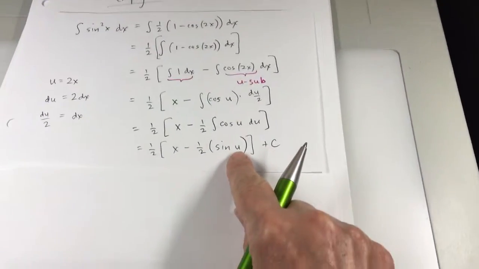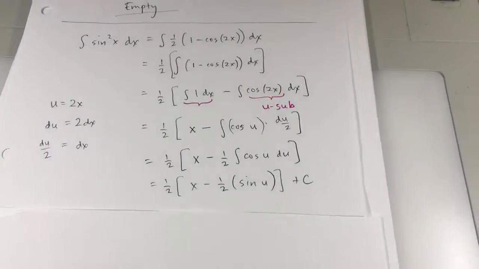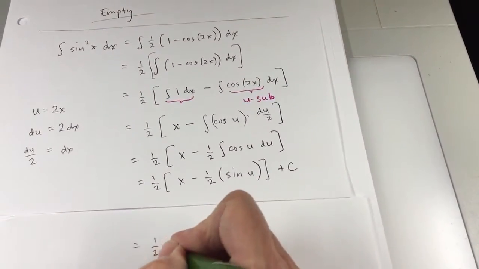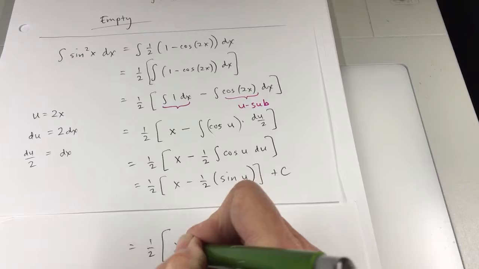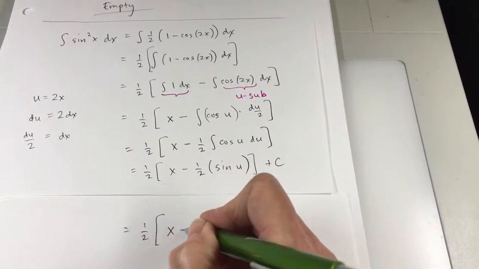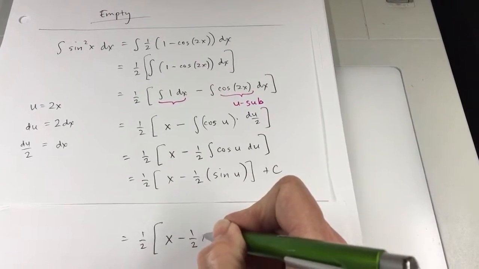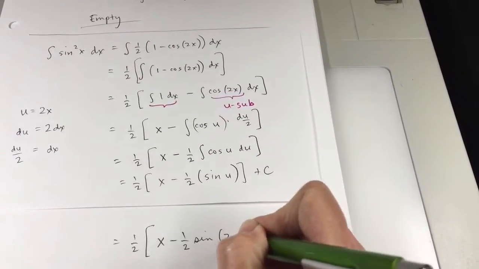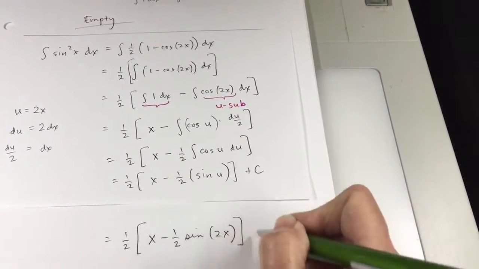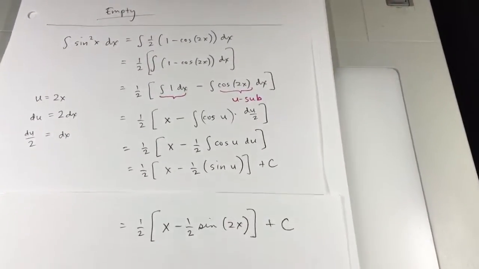Put 2x back in for u. 1/2 times x minus 1/2 times the sine of 2x plus c.